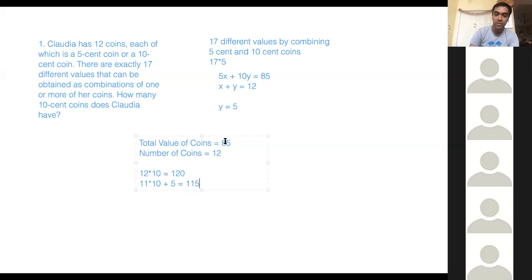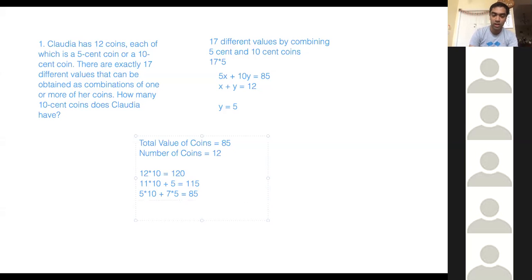So we want it to actually be 85. So how many coins do we have to change from being 10-cent coins to 5-cent coins to bring it down to 85? Seven. Good, 7. So 5 times 10 plus 7 times 5 gives us 85. So then we know there's 5 10-cent coins and 7 5-cent coins.